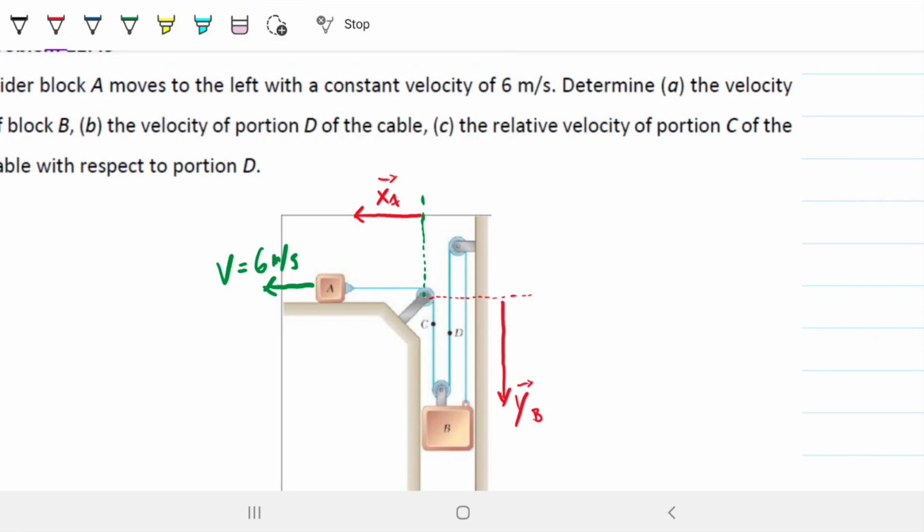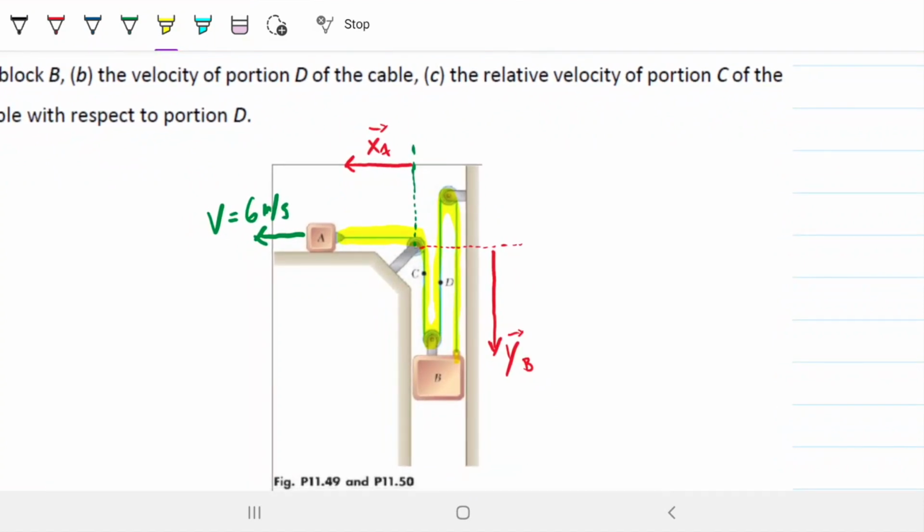What else do we know from the pulley? Well, these ropes are not stretchable or anything like that. So whatever the length of the rope, it all has to be the same. So if I sum this portion here with this portion here, with this portion here, and this portion here, all that has to be a constant, because the rope's not going to change.